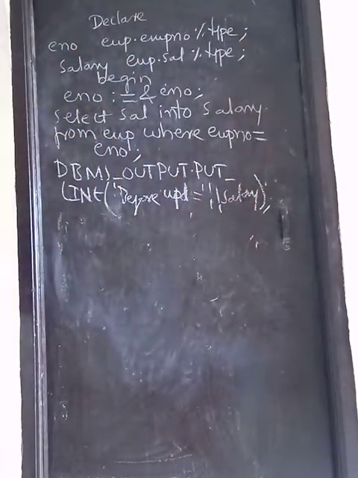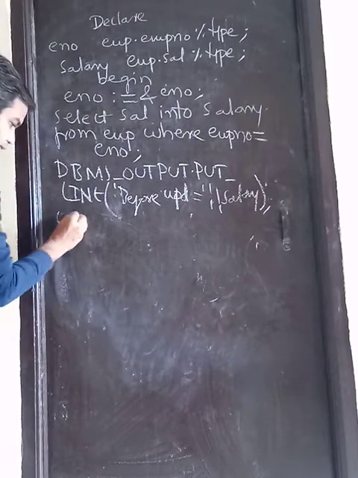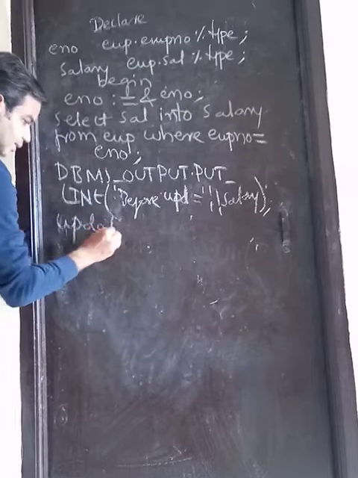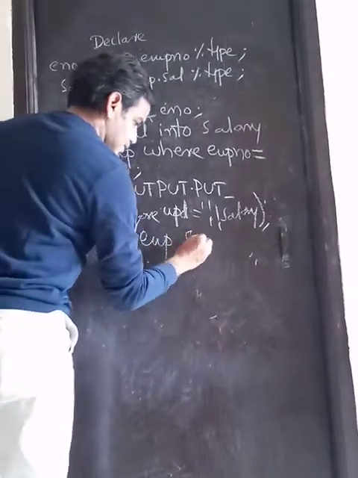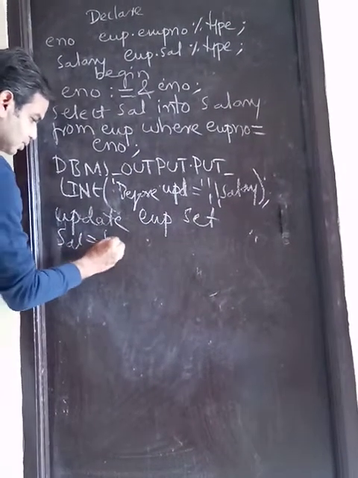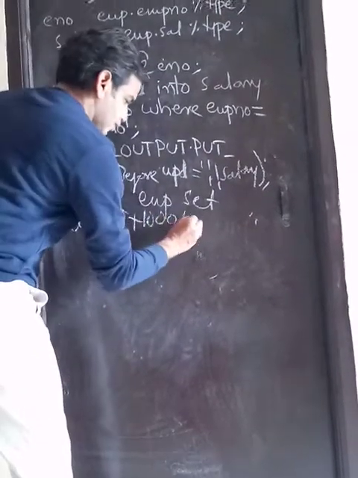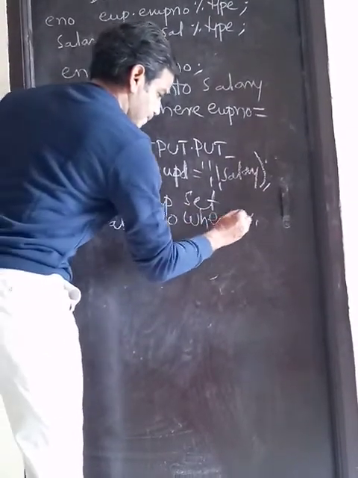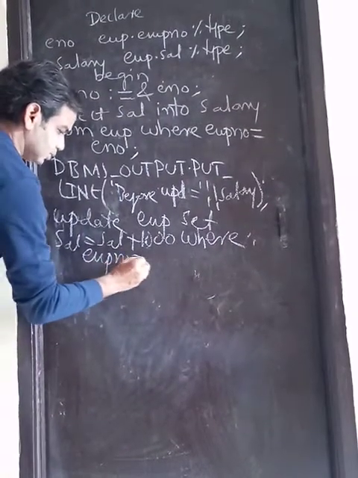Now we will perform the update command, the same as in SQL: update employee set salary is equal to salary plus 1000 where employee number is equal to E number.